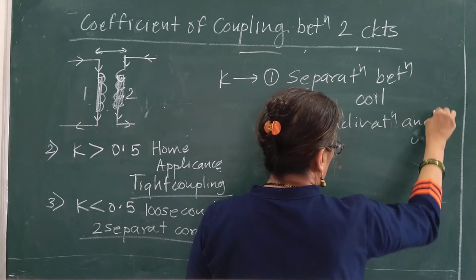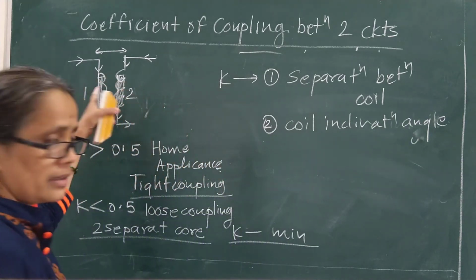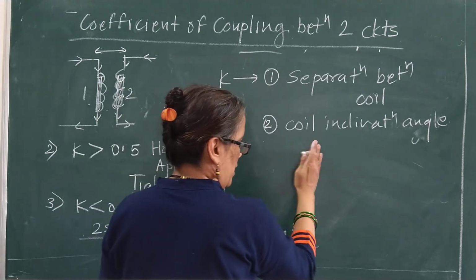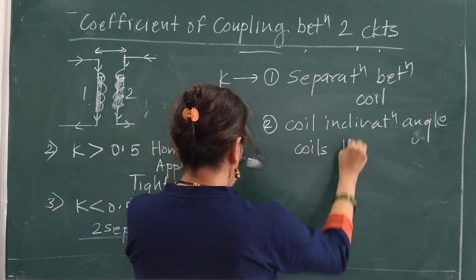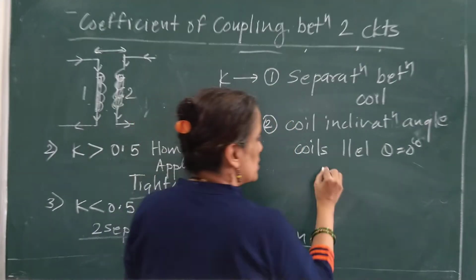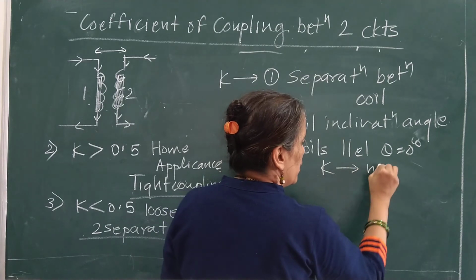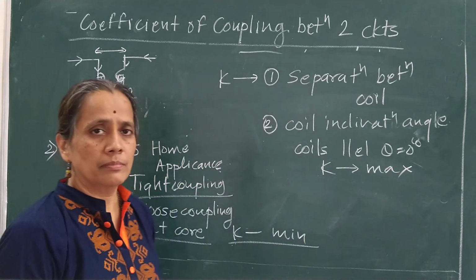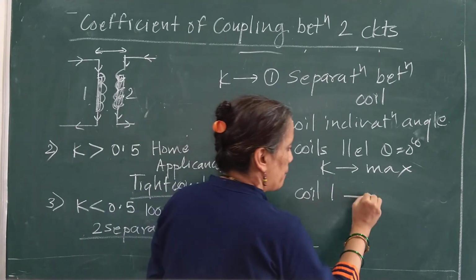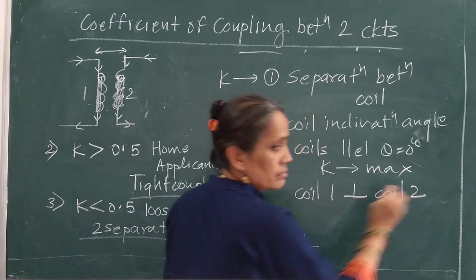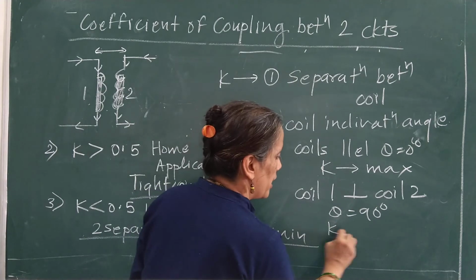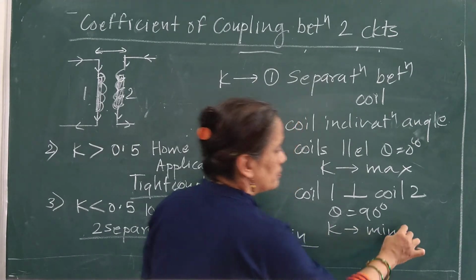Coil inclination angle means what? See here, these both coils are parallel to each other. If coils are parallel, theta value is equal to 0 degree. If theta is equal to 0 degree, then your K value is maximum. And if your coil 1 is perpendicular to coil 2, theta value is equal to 90 degree. At that time your K value is minimum.